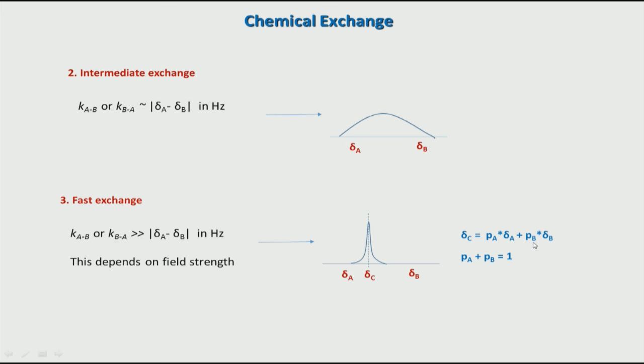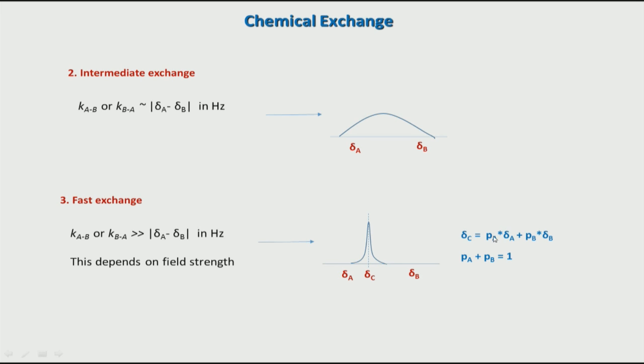Suppose P A and P B are equal, meaning it is 0.5 and 0.5. In such a scenario, your delta C, the peak, will be right at the center of these two, because it will be half into delta A plus half into delta B. So, delta A plus delta B divided by 2.